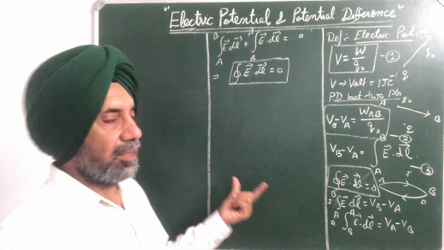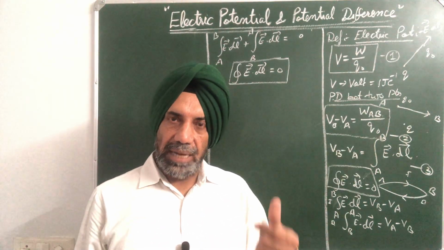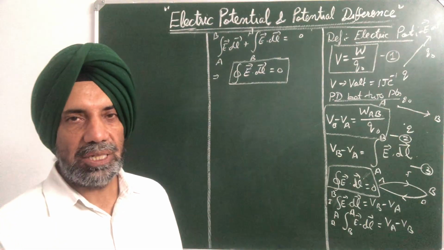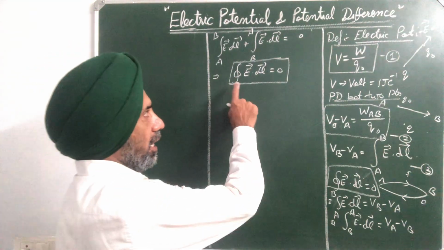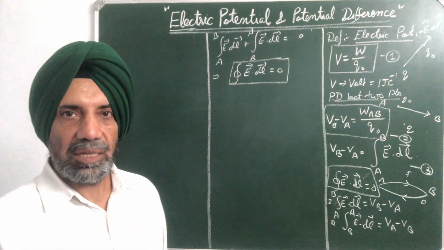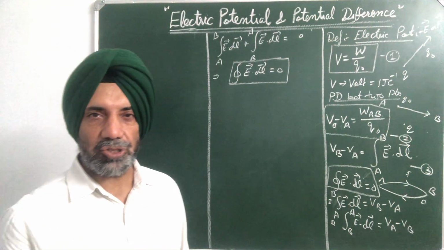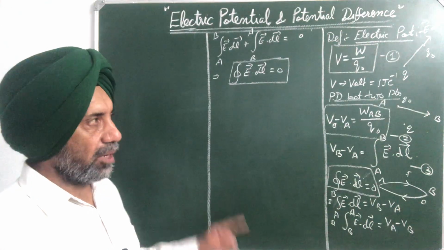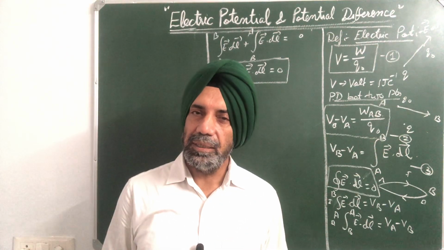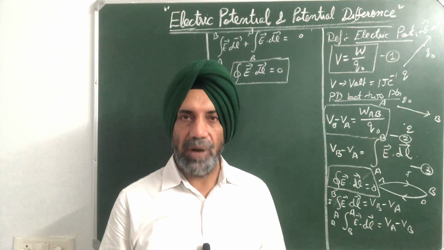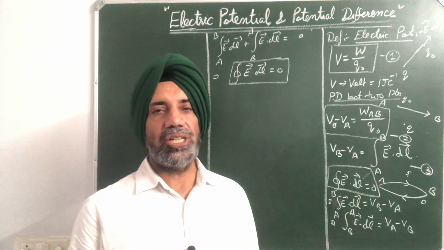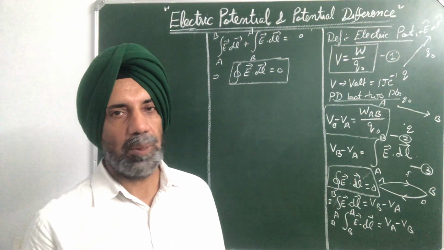So, therefore, the electric field is a conservative field, and hence electrostatic force is also a conservative force. Conservative means the amount of work done is independent of the path followed. It depends only upon the initial and final locations of the given points.